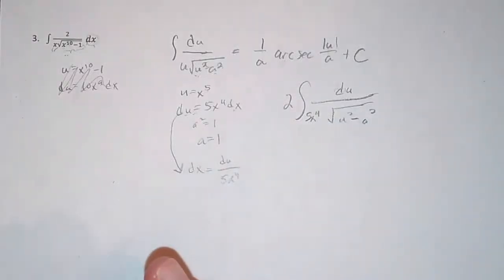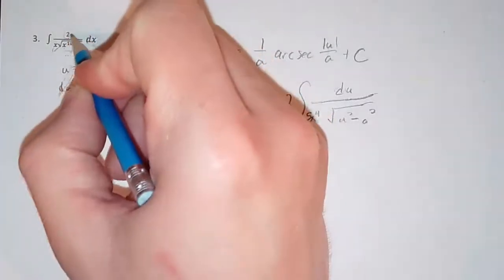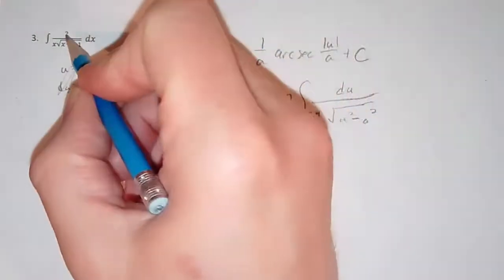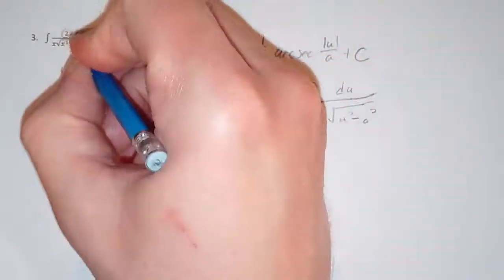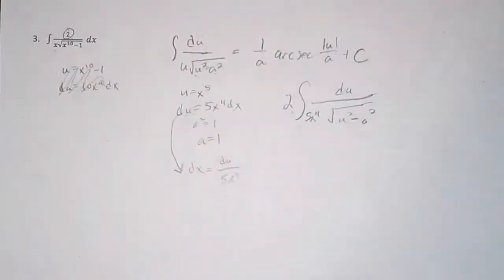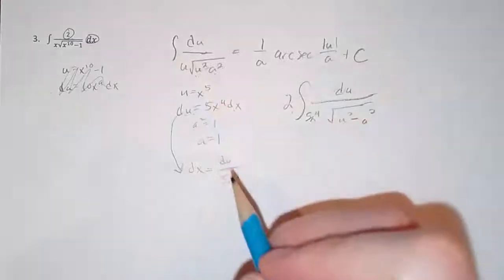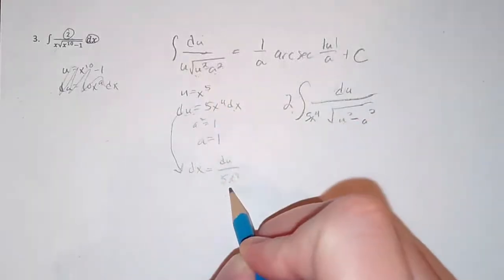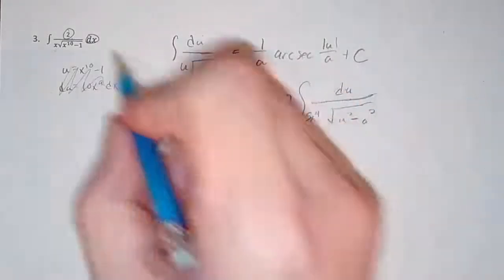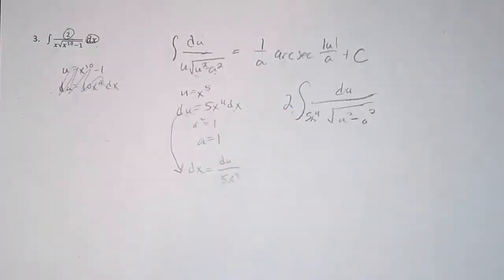So let's go back and check off what we have accounted for. I have accounted for this 2 because I put a 2 out front, so that's good. I have accounted for the dx because I put a du over 5x to the fourth in the problem, so the dx is good.